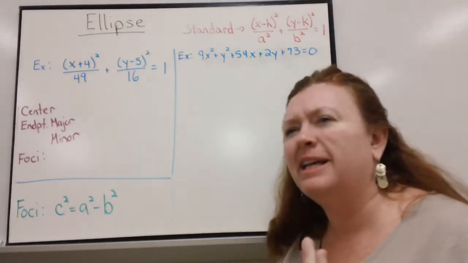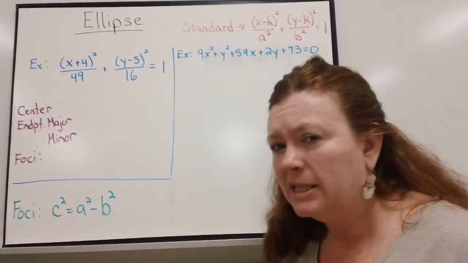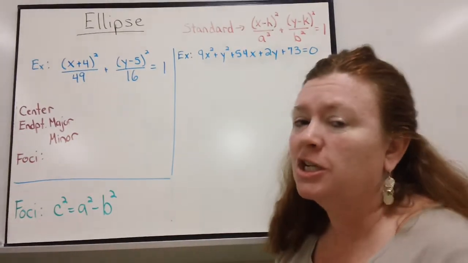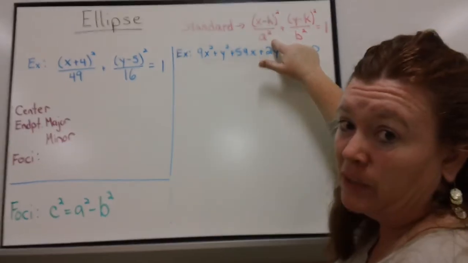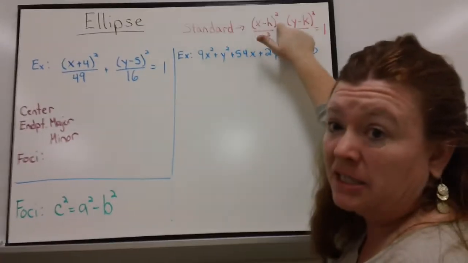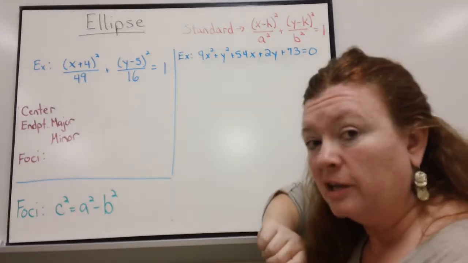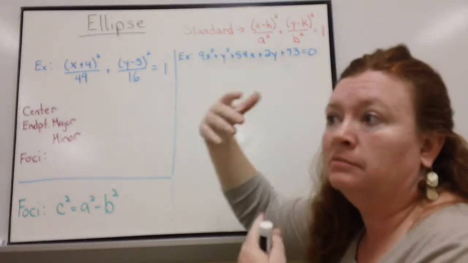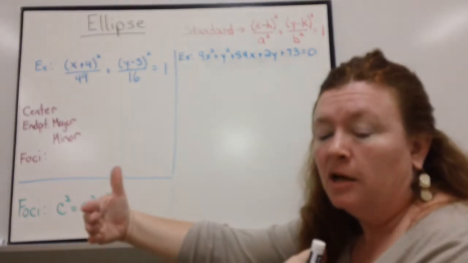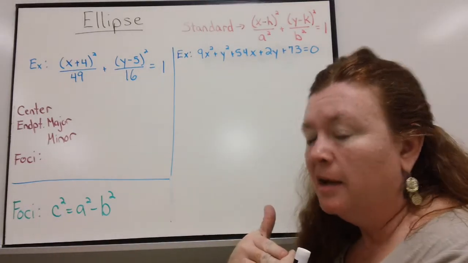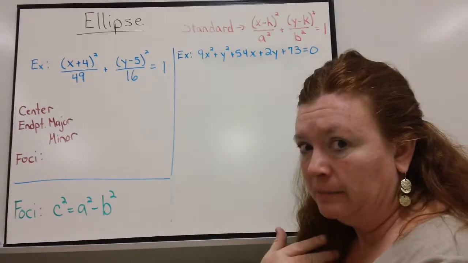Now, let's not get too worked up about what a² is and what b² is. Whatever this value is underneath x is a distance from the center to the endpoint along the x-axis of my ellipse.